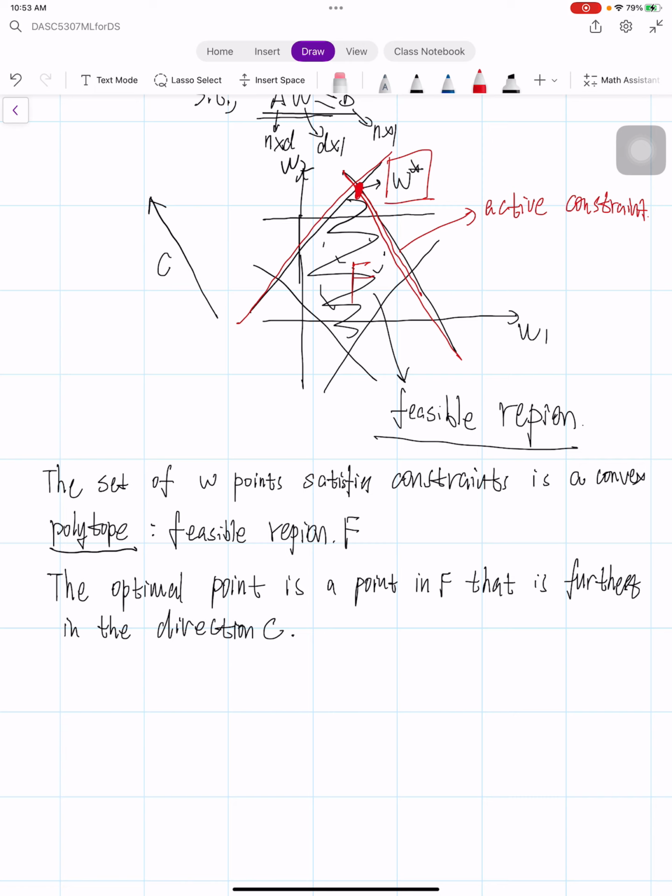For example, in the support vector machine, the active constraints correspond to the training points that touch or violate the maximum margin boundaries. Those points are known as the support vectors.